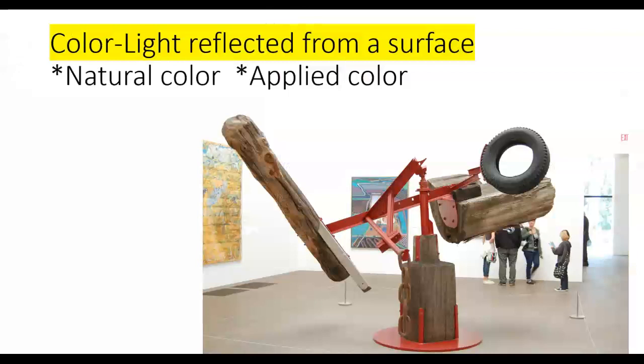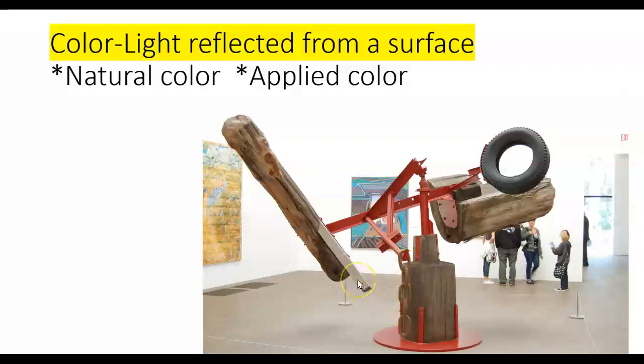Color is an extremely popular element, as we know, particularly in two-dimensional art, which has really very similar elements as three-dimensional art. So color is light reflected from a surface. Here you can see red down here. There's natural color, as in the wood here, the metal on this chain.